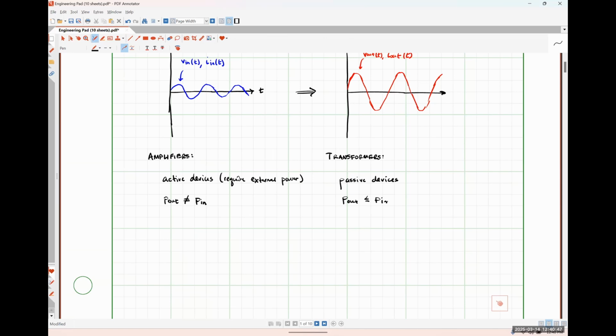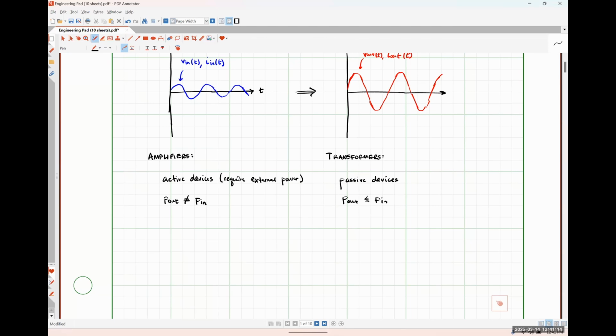With an amplifier, we don't have to worry about that because we're injecting external power into the system. So if we scale up the voltage, we can also scale up the current, and that's exactly how power amplification works. So the end results of amplifiers and transformers can look fairly similar, but they are very different in application and theory.